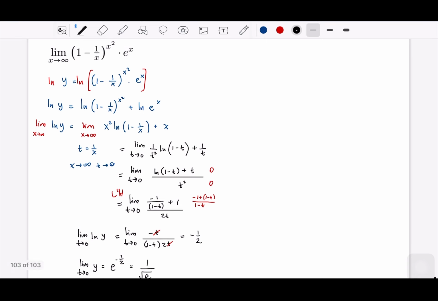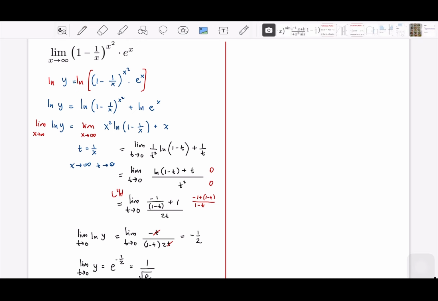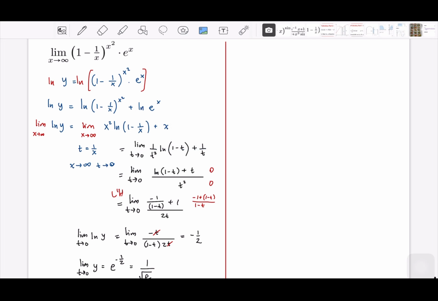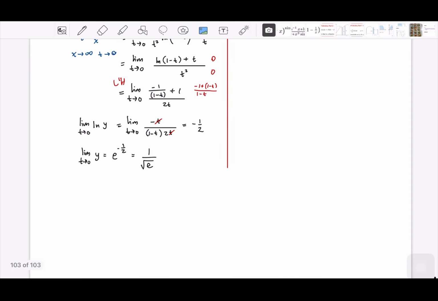Maybe I will write on the right side to take another exercise. Oh, it's too long. Maybe I will write at the bottom here.